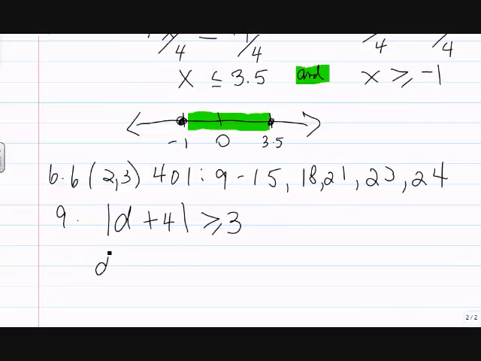We split it up into two inequalities to solve. d plus 4 greater than or equal to 3, and d plus 4 less than or equal to negative 3. We change 3 and negative 3: greater than for the positive one, less than for the negative one.